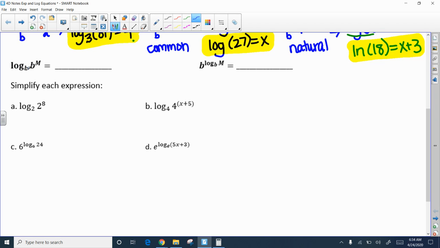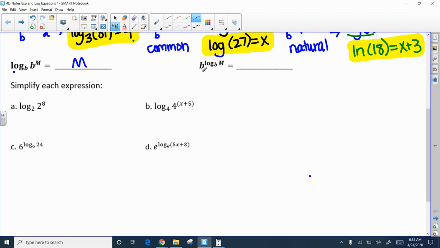So we have a logarithm, and then we have the logarithm of a base and an exponent. Notice though the logarithmic base and the exponential base are the same. So the property that we learned with these says if we have log base b of b to the m power, where the bases are the same, the bases, the logarithmic base b and the exponential base b, get rid of each other, and we would just be left with m.